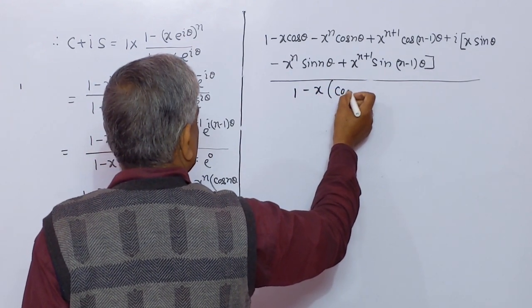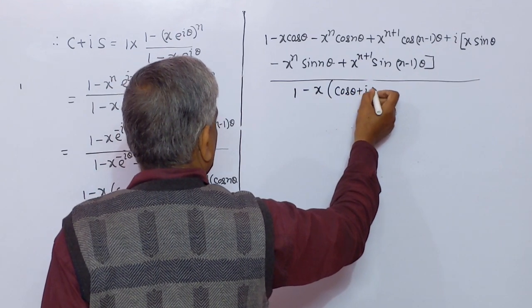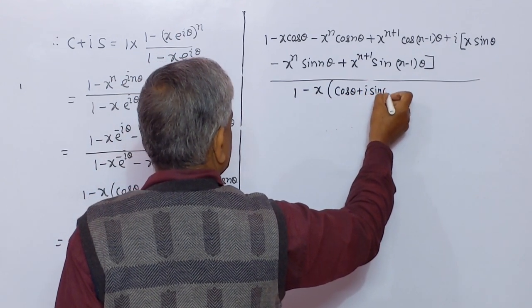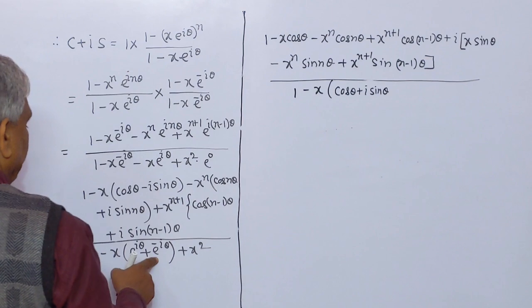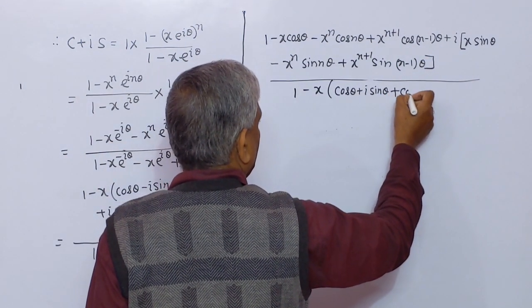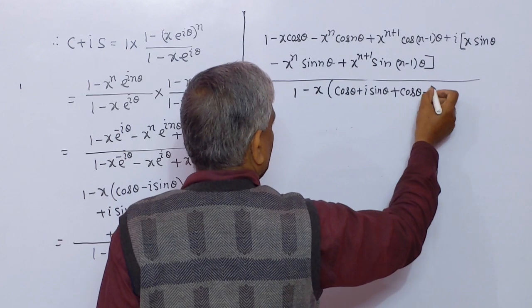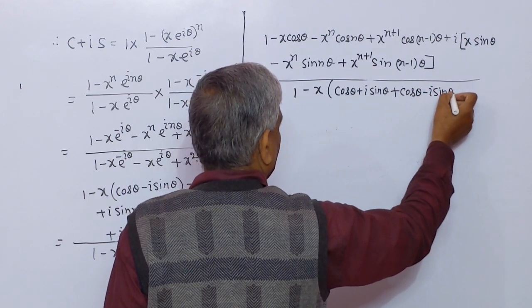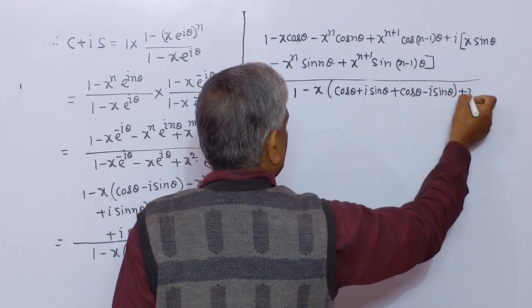e to the power i theta is cos theta plus i sin theta, and e to the power minus i theta is cos theta minus i sin theta, plus x square.